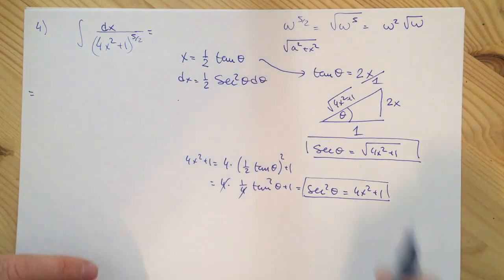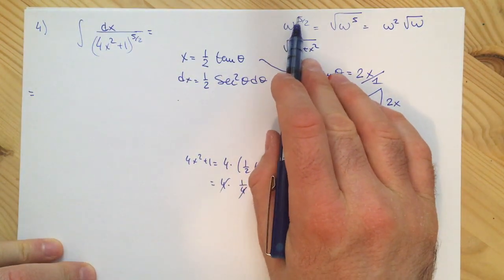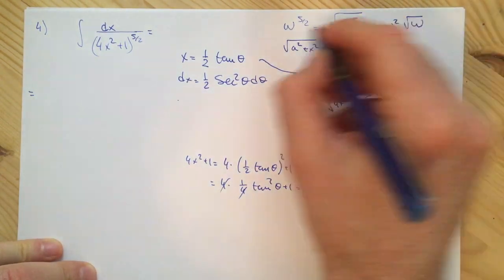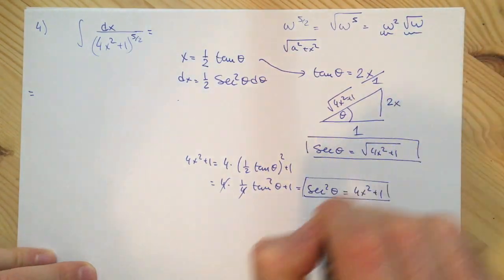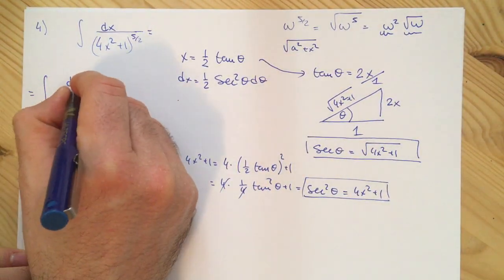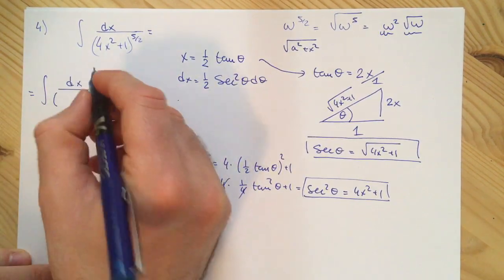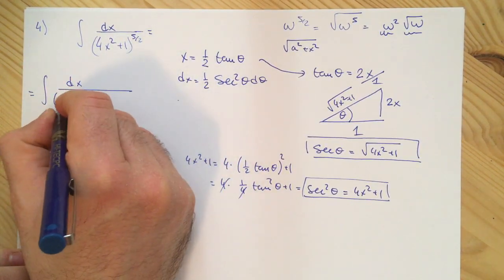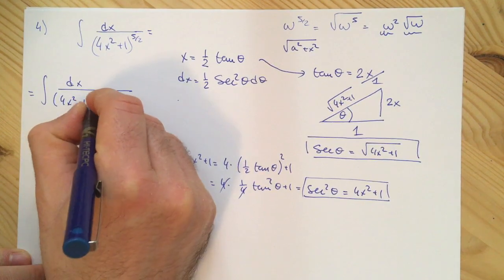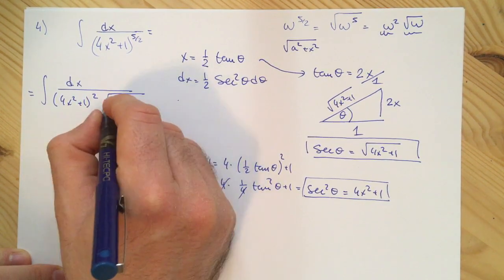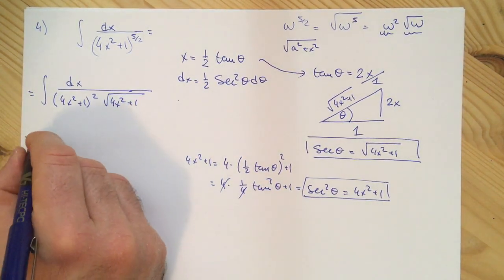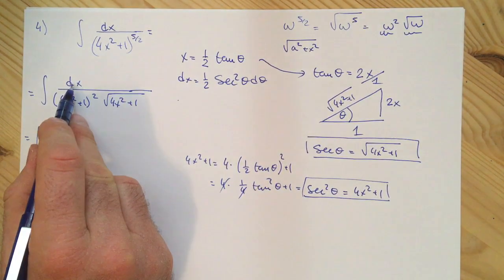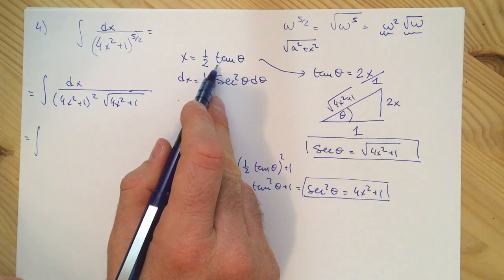What do we have? First of all, this expression to the power of 5 over 2 ends up being, w to the power of 5 over 2 is w squared times square root of w. So this can be written as dx over 4x squared plus 1 squared times the square root of 4x squared plus 1, which is equal to, how much is dx when applying the substitution?